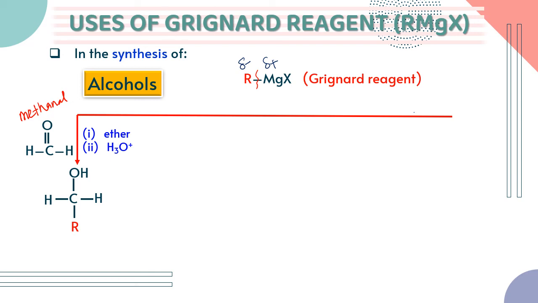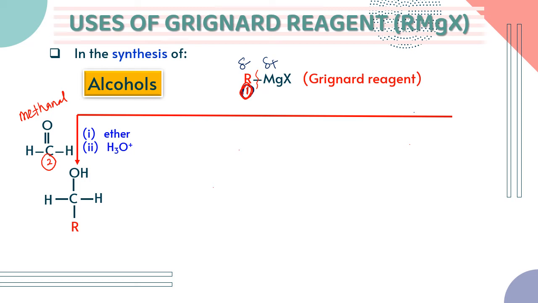If you look over here, let me label the carbon on the alkyl group as carbon number 1, and the carbon on the carbonyl as carbon number 2. Why is this carbon 2 important? Because this carbon 2 will be the site where you form a new carbon bond.